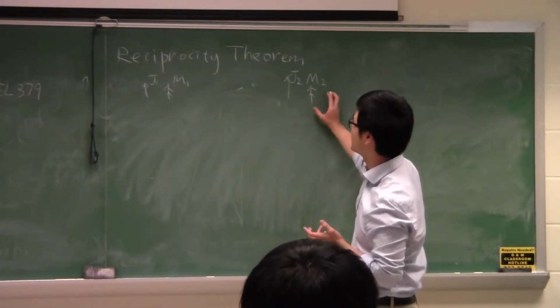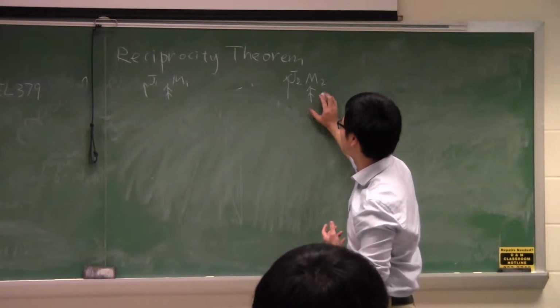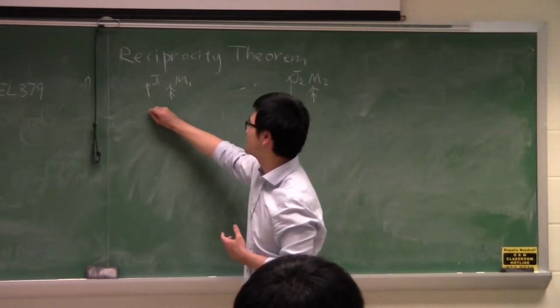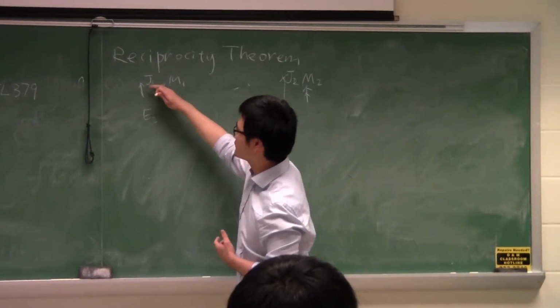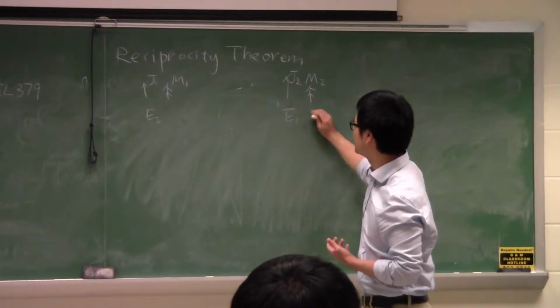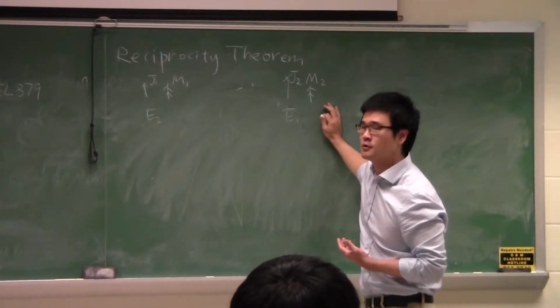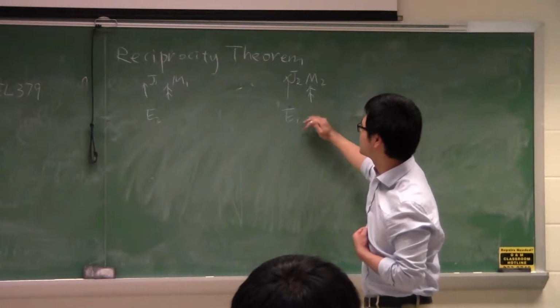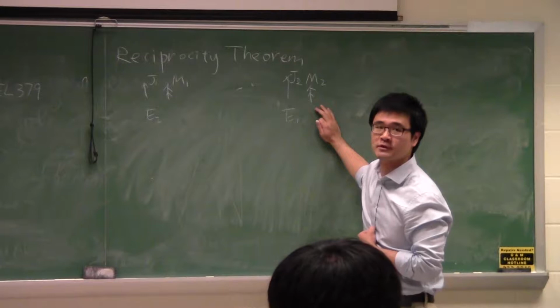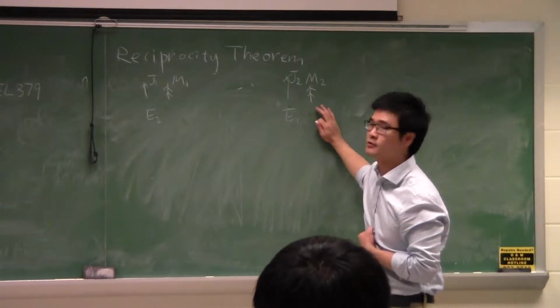The more general form is that if you change to a different source, the reaction between the field here and the source would stay the same as the reaction between the field here and the source here. So in electromagnetics, we use the E field and the current, and in circuits, you may use the current and the voltage.